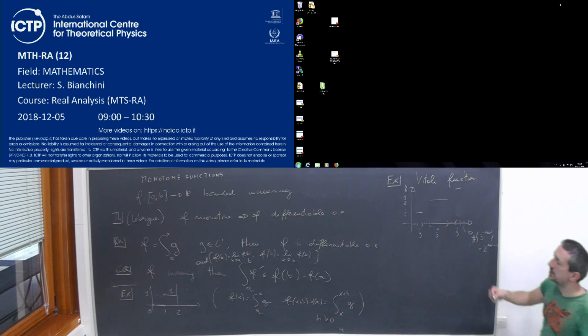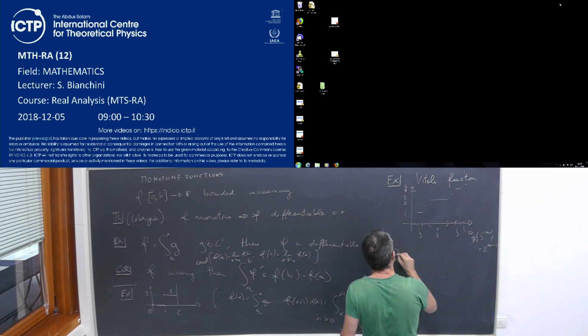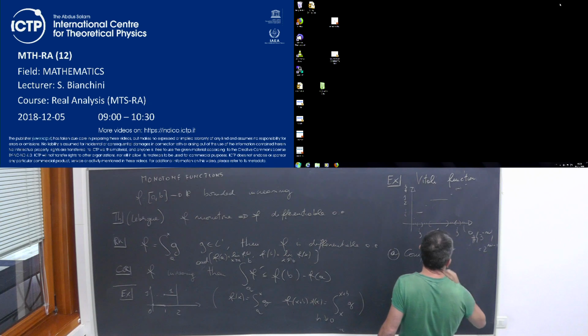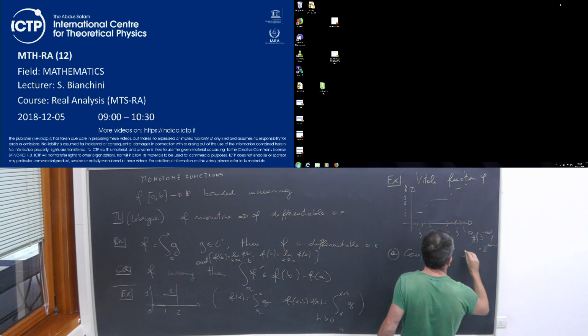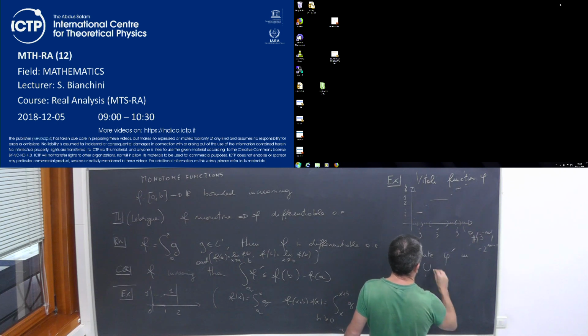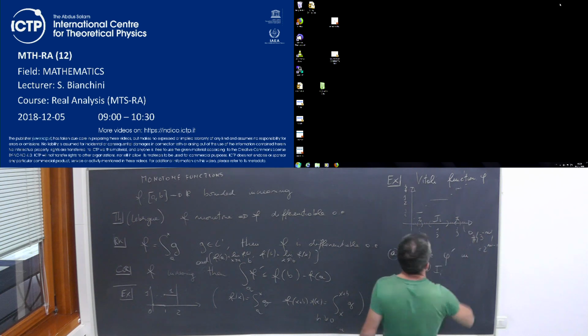Okay, so the first question. Compute the derivative of f, let's say this function is called phi, in the open set, which is the union of all the intervals I1, I2, I3, and so on.